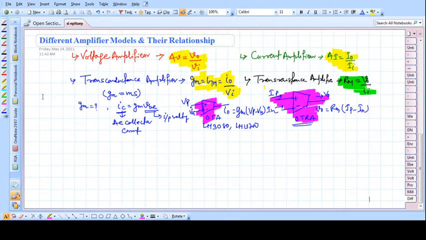For the voltage amplifier, I am drawing the circuit model.